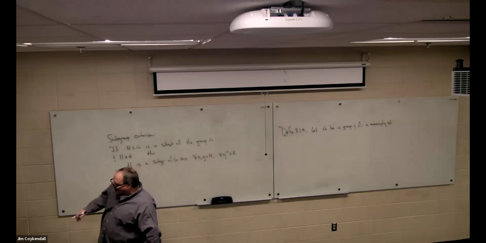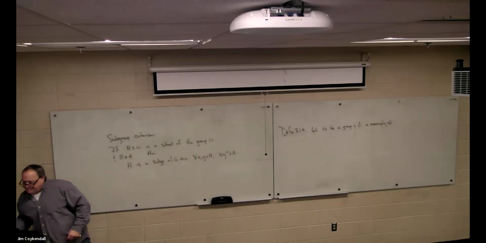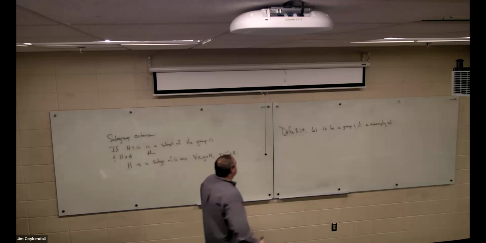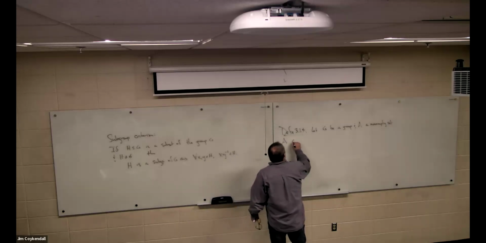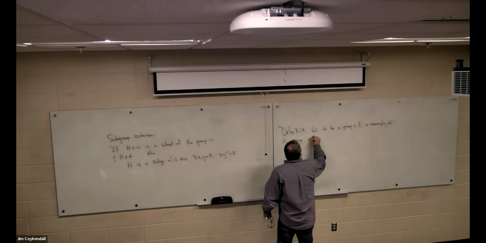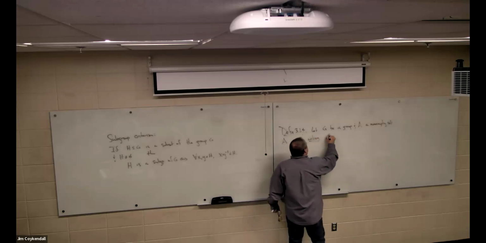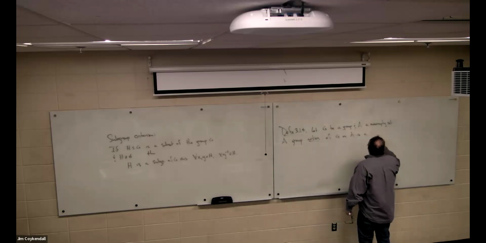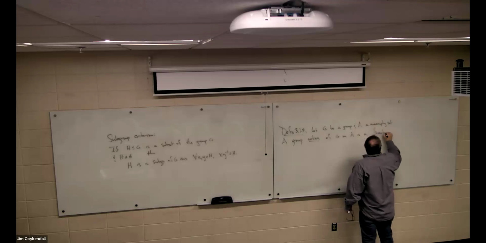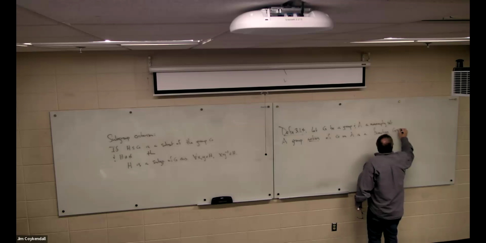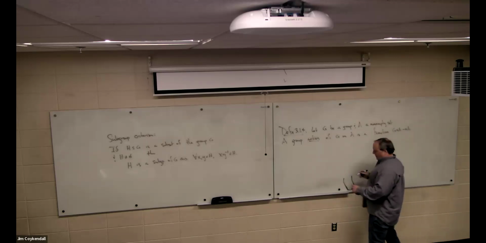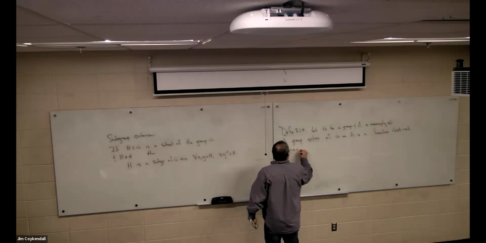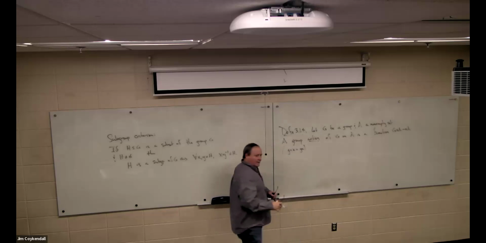I'm going to define something called an action of the group G on the set A. An action of G on A is a function from G cross A into A. And this is often written G acts on A, GA.